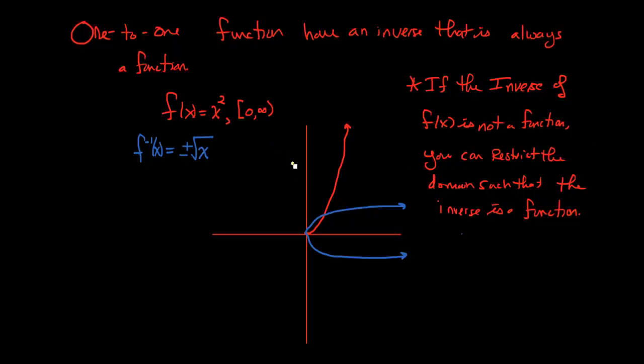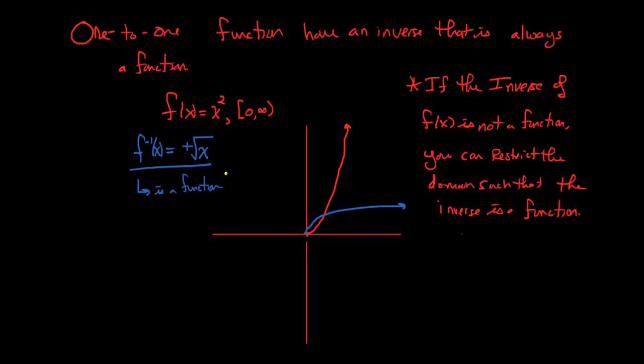If we remove the negative x portion, then we're also going to remove this portion that exists here below the x-axis. And this negative square root of x goes away. So now, when we did this, f inverse of x is a function.